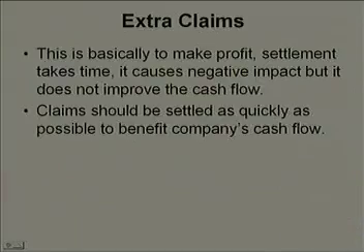Although at the end of it, it may be a happy situation, the client must have acceded to your request and you must have received the money. At the end of the project, your margin must have improved, but it is detrimental for the contractor as far as his cash flows are concerned, because you will find that invariably extra claims take longer than any regular items to settle down.